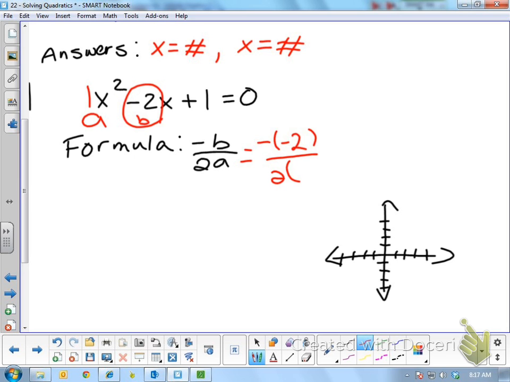What was a? 1. So we simplify. That's going to be 2 over 2, because a negative outside a negative is just a positive. 2 times 1 on the bottom is 2. So that gives us a value of 1.